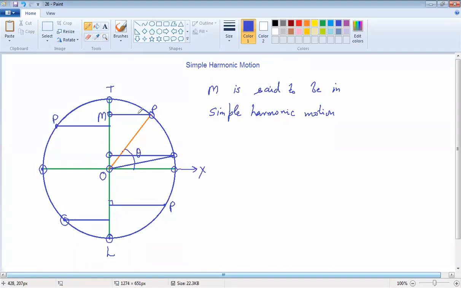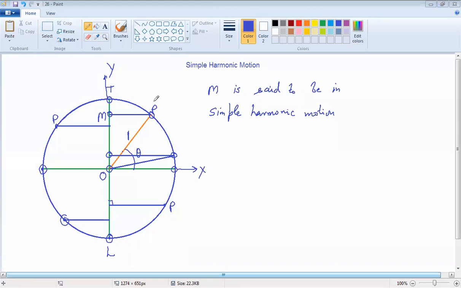This is the x-axis, here this is the y-axis. And the radius is suppose 1. We have taken the radius of the circle equal to 1.